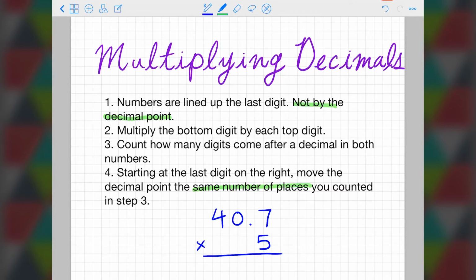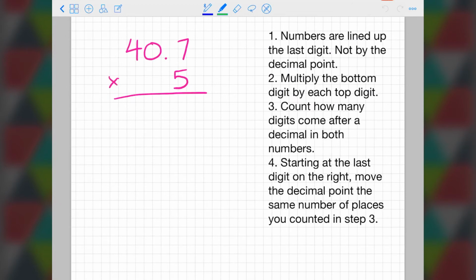So these steps will help us with all of our problems today. We're going to start with this problem right here. You can see that my numbers are lined up by the last digit, the 7 and the 5, and not by the decimal point.